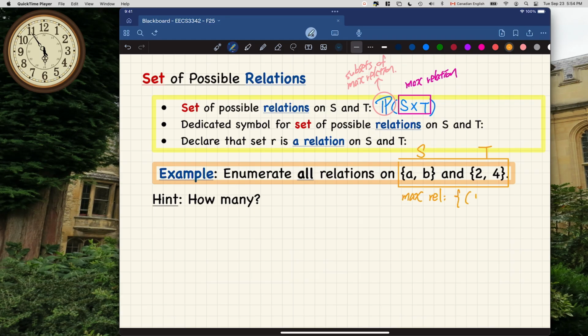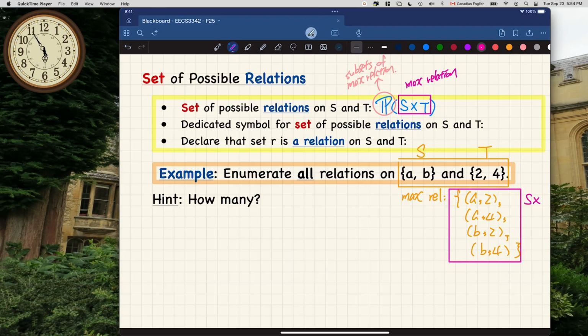So we basically got A2 and also A4, also B2, and also B4. Right? It's a set. 1, 2, 3, 4. So this one here is really the cross product.